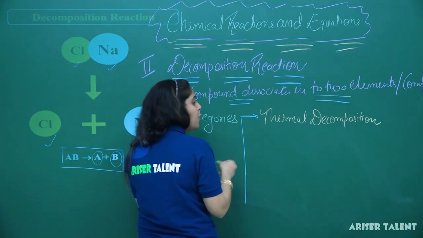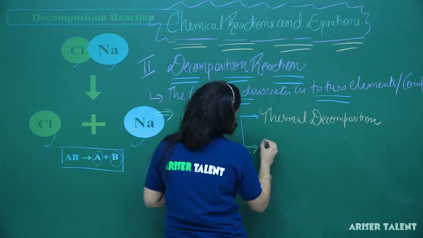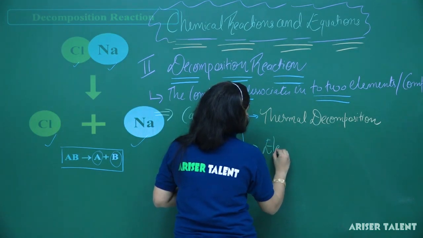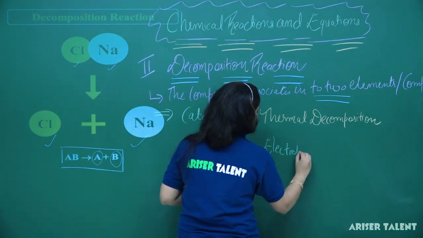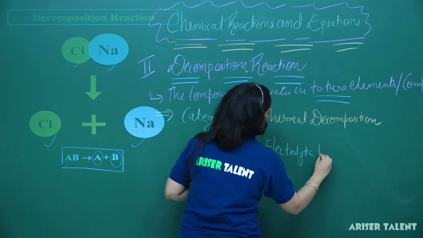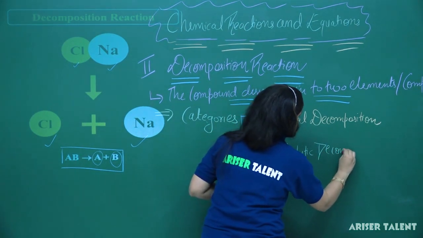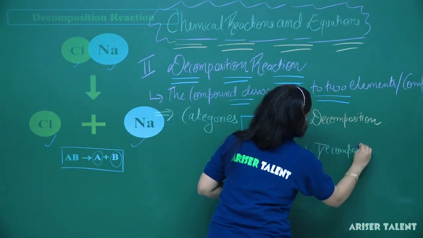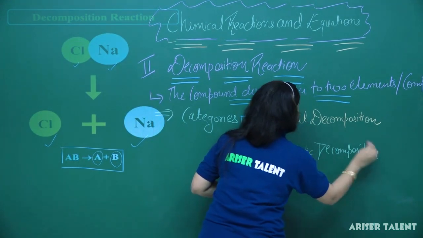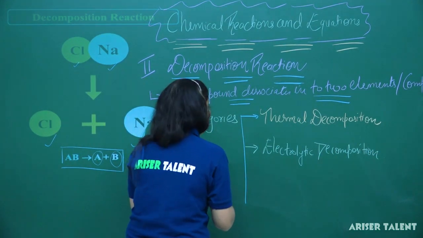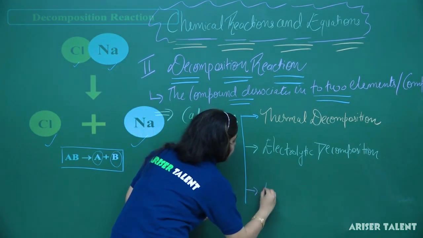Our second set of the reaction is electrolytic decomposition. And our last set of decomposition reaction is photolytic decomposition.